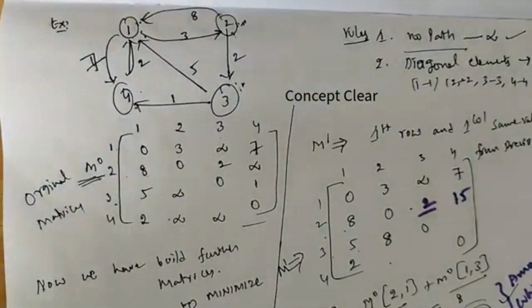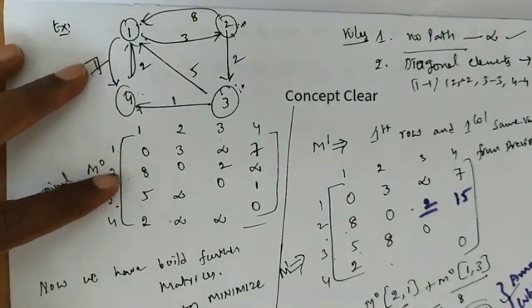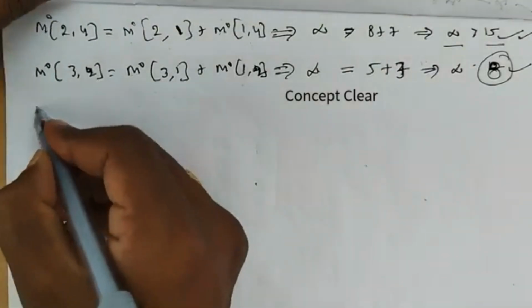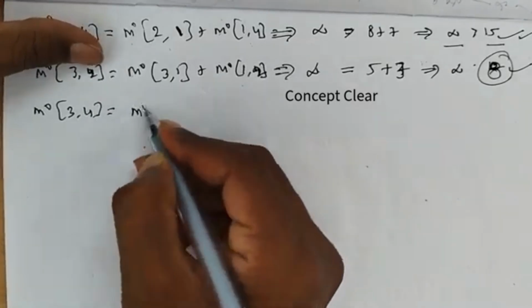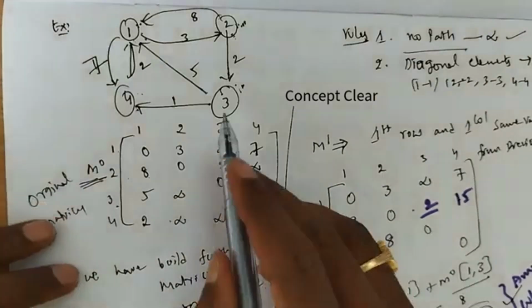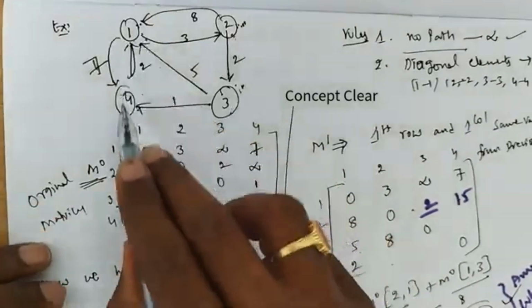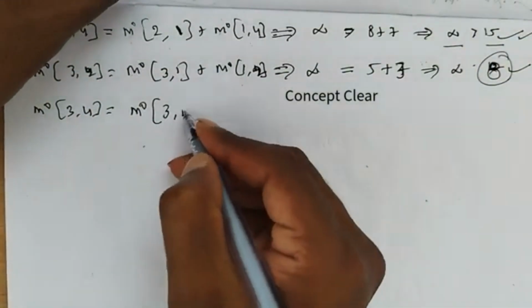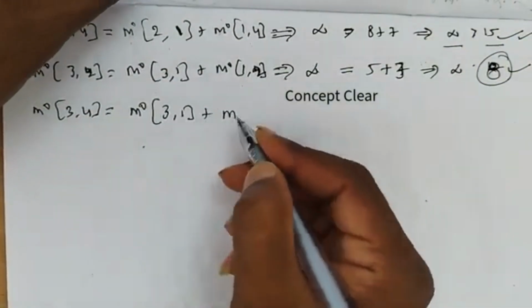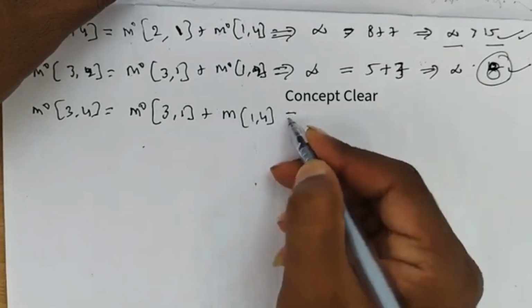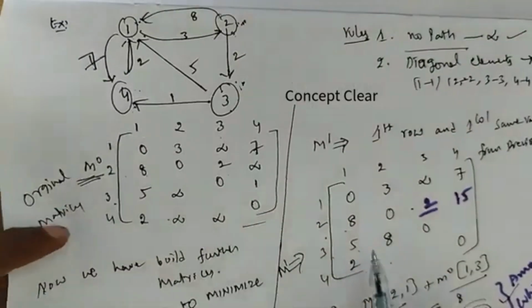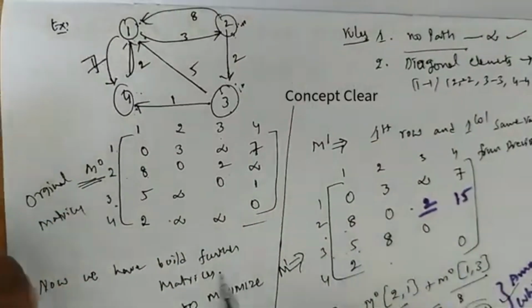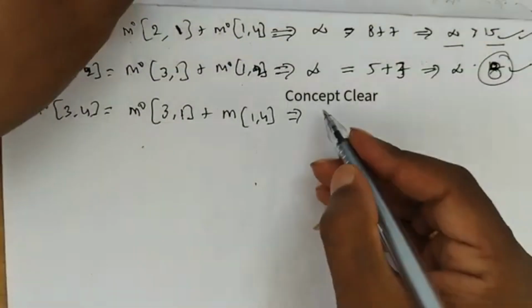And what about the next value? We have to consider m of 3 comma 4. What does 3 comma 4 mean? See here, 3 comma 4 means how to reach? 3 to 1, 1 to 4. So 3 to 1 plus 1 to 4. Actually, the 3 comma 4 value is 1 in the previous value. So it is 1.